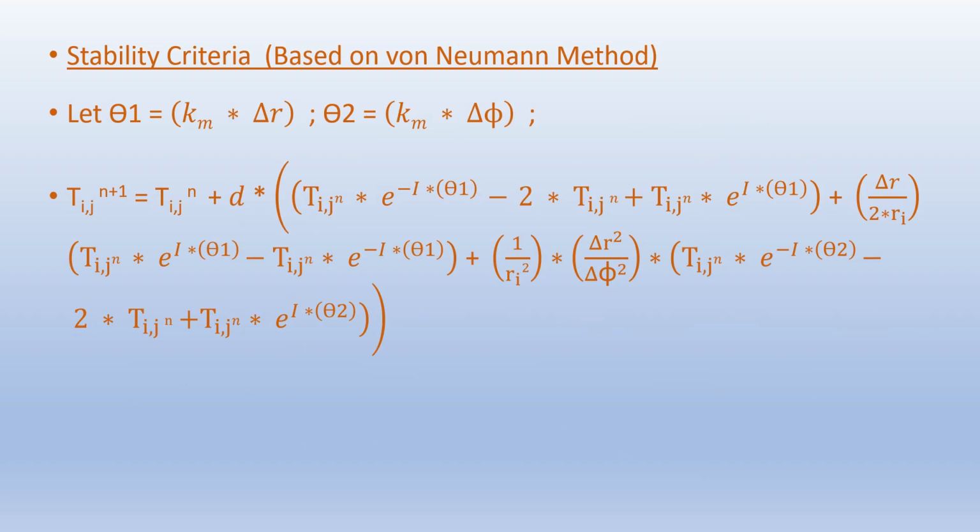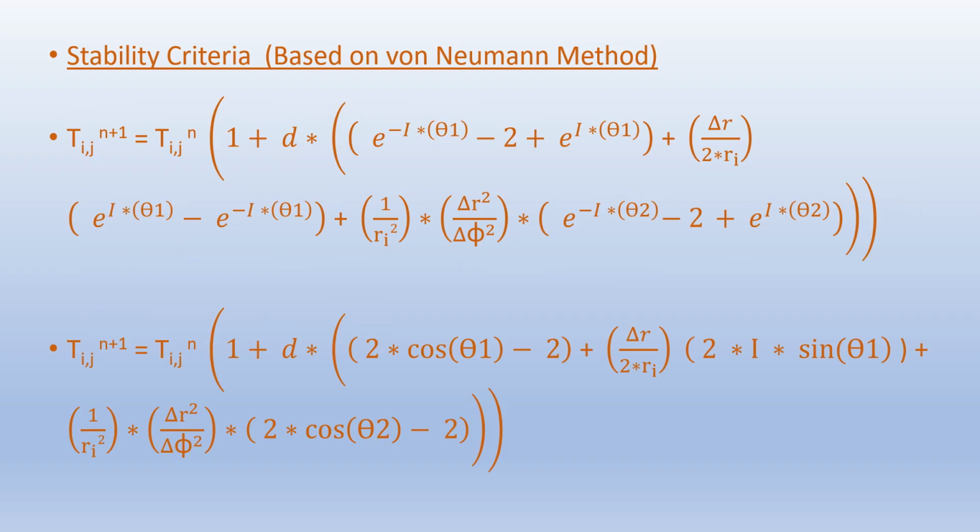Let's call theta 1 equals km times delta r and theta 2 equals km times delta phi, and then we substitute the values on the line below, and we rearrange this equation and replace these exponential terms in terms of cosines and sines of theta, and we get this equation.